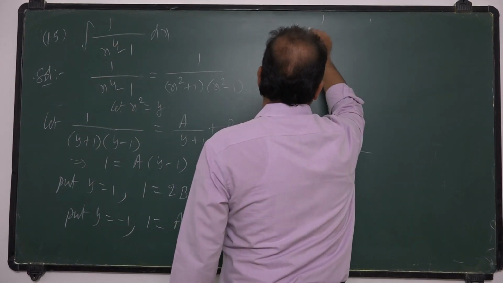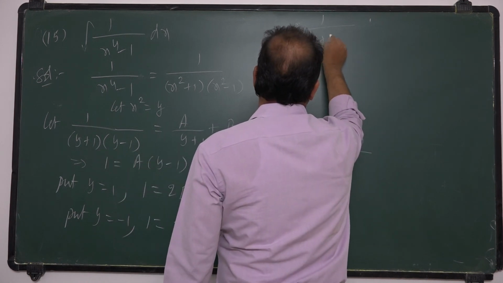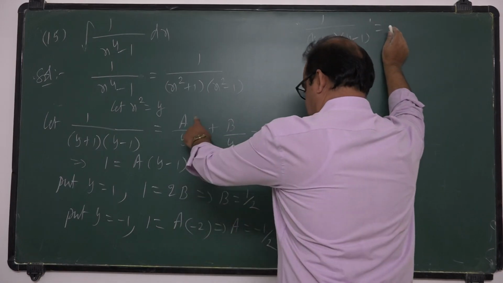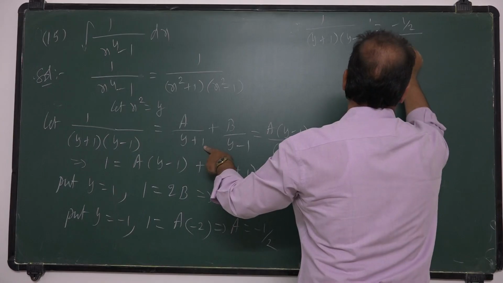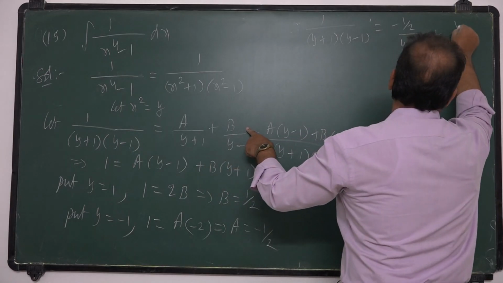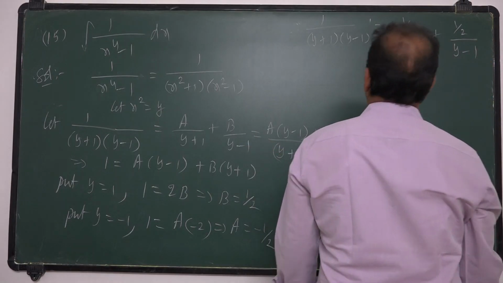Therefore, 1 by (y plus 1) into (y minus 1) is equal to A, minus 1 by 2 by (y plus 1), B value 1 by 2 by (y minus 1).